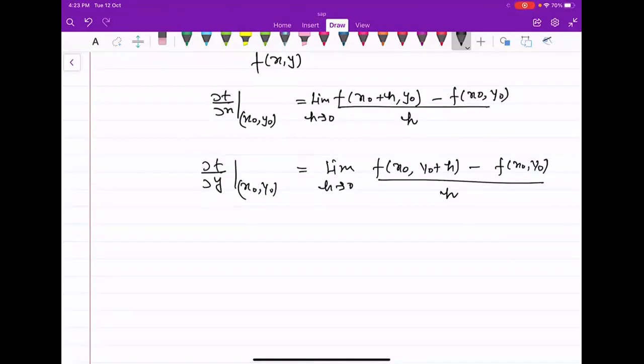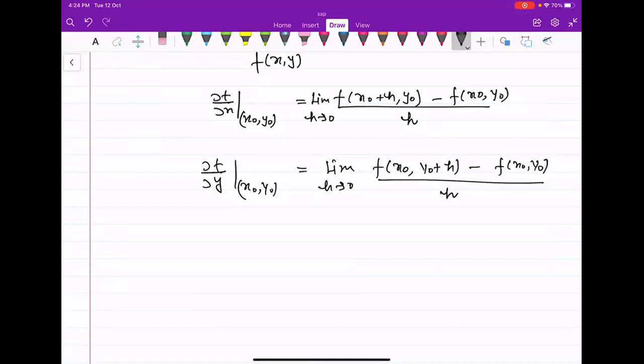So del f over del x and del f over del y are called the partial derivatives of f with respect to x and with respect to y. Del f over del x gives the rate of change of f in the direction of x, and del f over del y gives the rate of change of f in the direction of y.